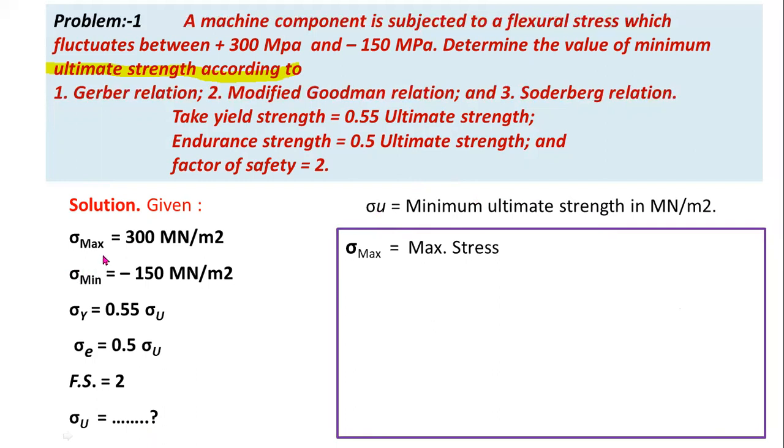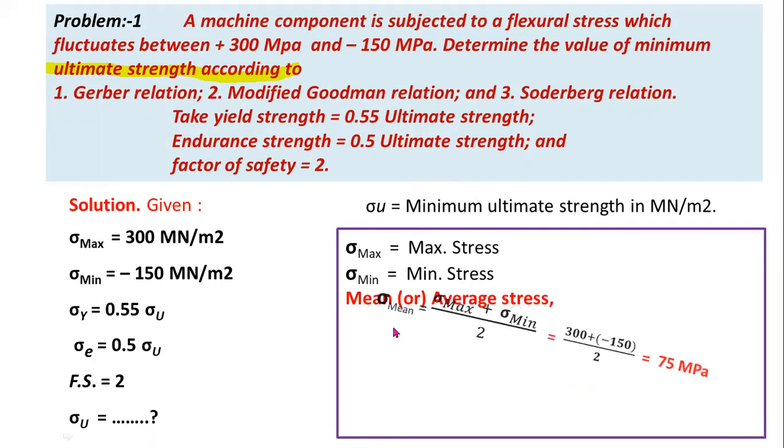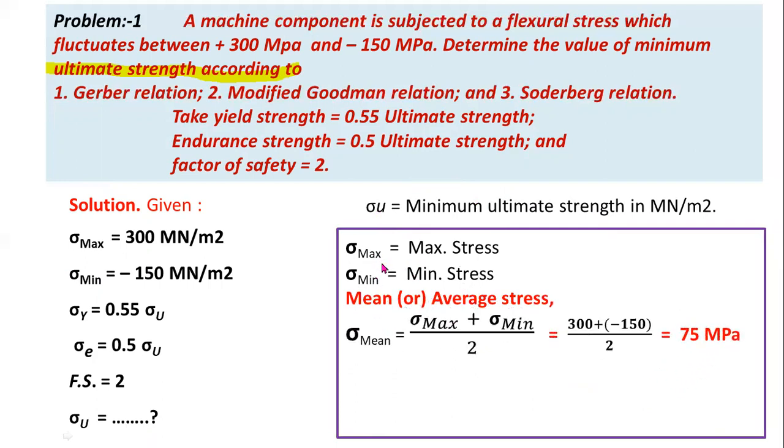First, you have to find out the value of mean and variable stresses. Sigma max is the maximum stress, sigma minimum is the minimum stress. Already we know the formula for mean stress: sigma mean equal to maximum stress plus minimum stress by 2. Substitute the values and you will get sigma m equal to 75 megapascal.